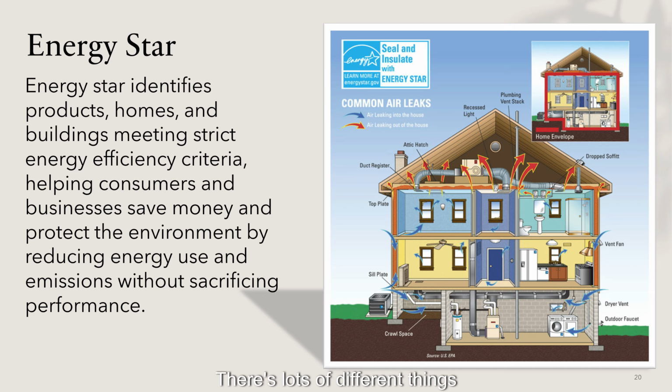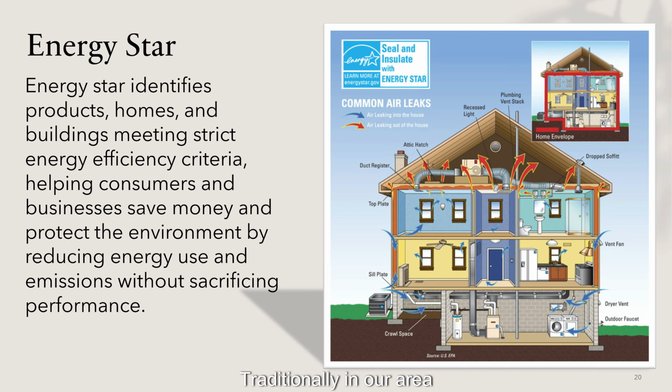There's lots of different things that need to be done when we're constructing homes. However, the Energy Star does give it a certain level, which basically means that we're going to have a lot less energy required to condition that space. And you'd be surprised at how much smaller the equipment can be for an Energy Star rated home.